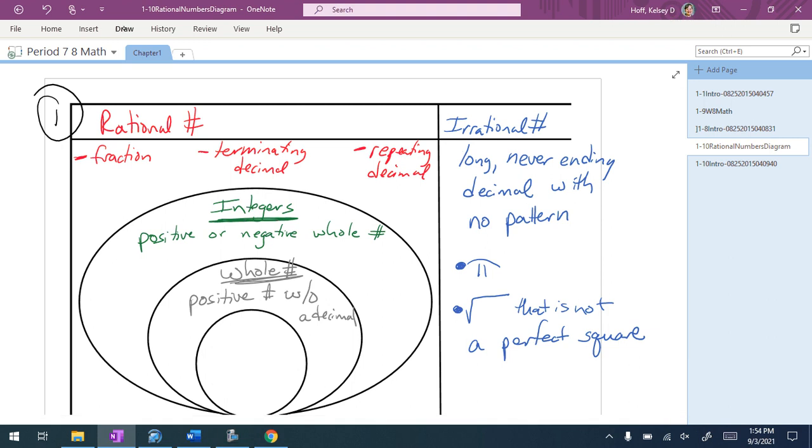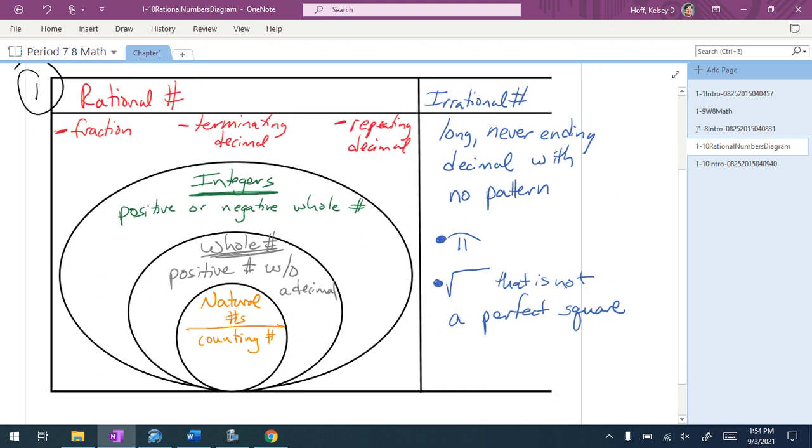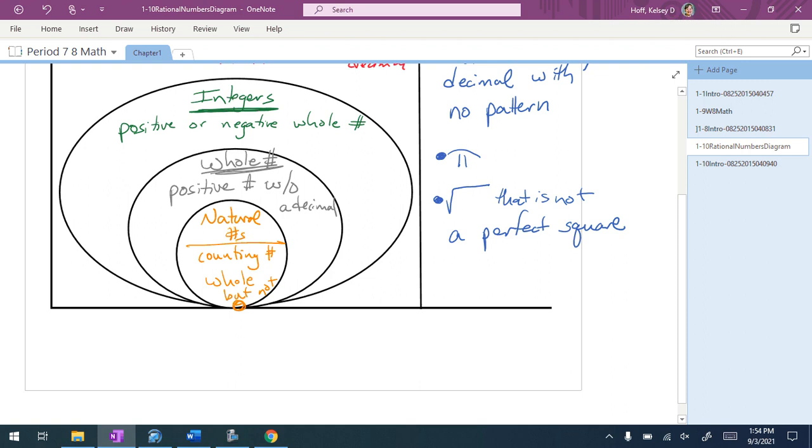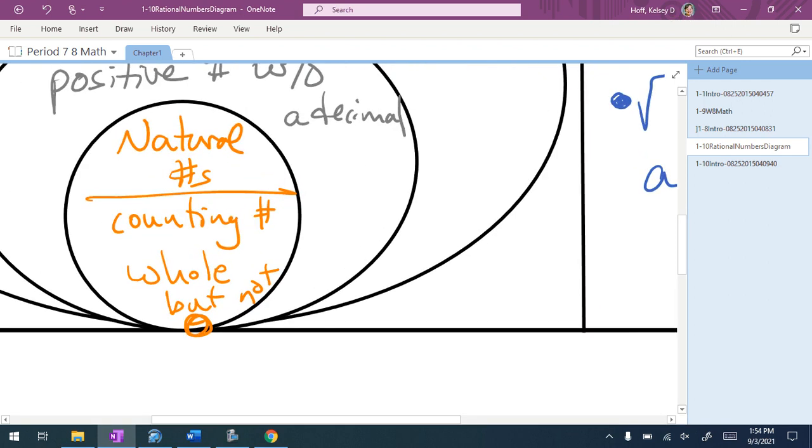And the most specific category that a number could belong to is called natural numbers. And natural numbers are your counting numbers. They are what you teach a little kid to count. It's ultimately the same as whole numbers, but it doesn't include zero.